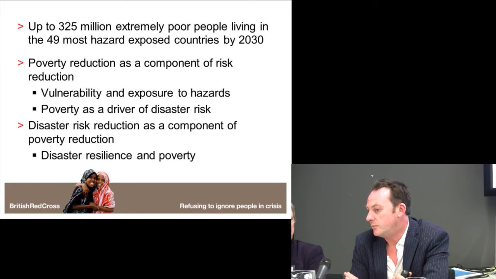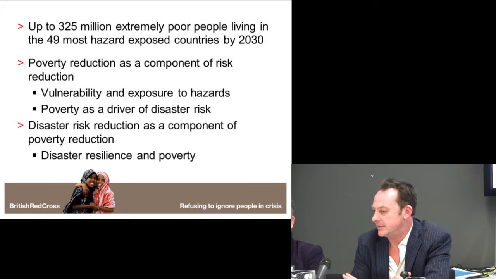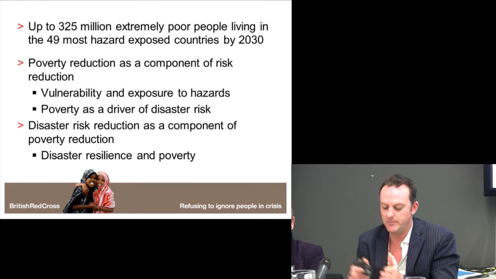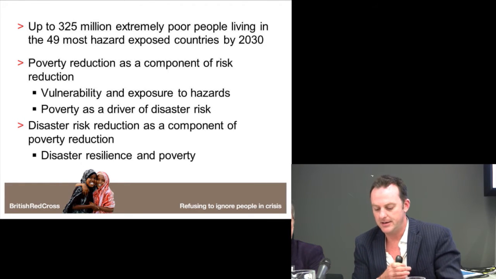Conversely, when we think about future disasters, and we think about a massive technological failure in an urban area, is that really likely to affect the poorest people, or is it likely to affect the middle poor the most? So I think we need to be careful about thinking about a linear relationship between poverty and disasters.